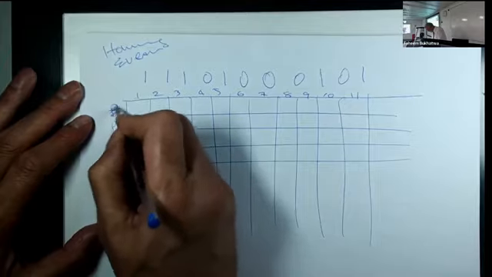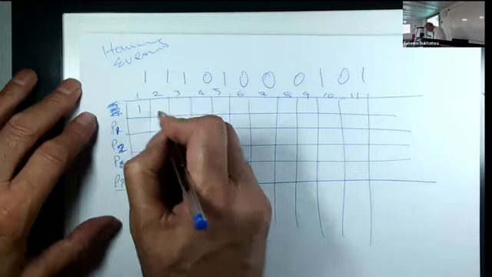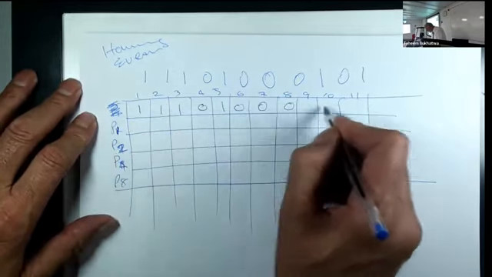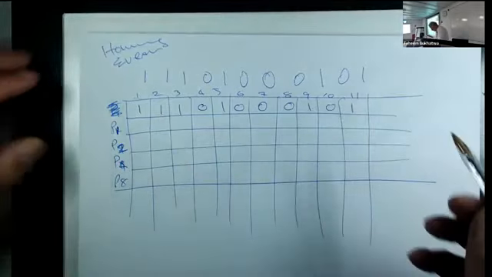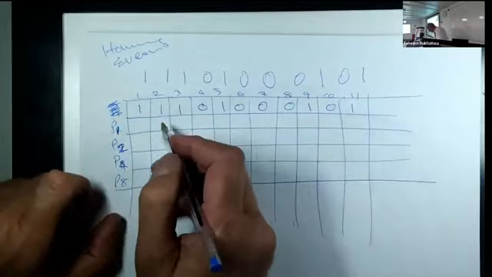And this one is just the original frame. So let me put the bits in the right place: 1, 1, 1, 0, 1, 0, 0, 0, 1, 0, 1. Right, now we have them lined up. Okay, parity 1. Which column should I go for?